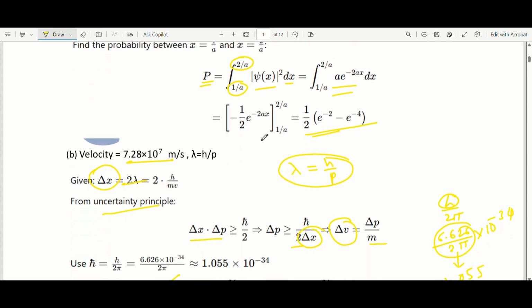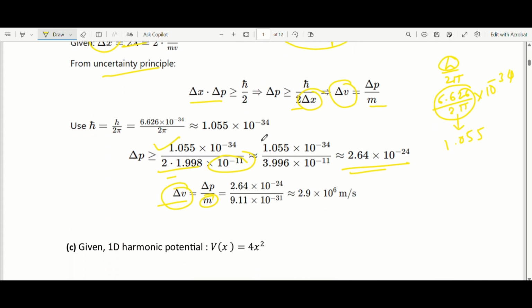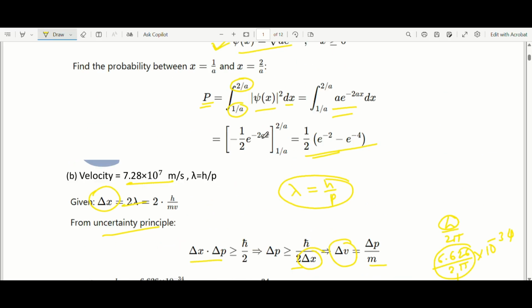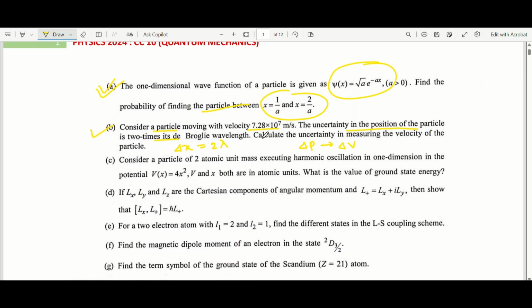So we can consider the particle as an electron, because the mass of that particle is not mentioned. Okay, so we can consider the particle as an electron.